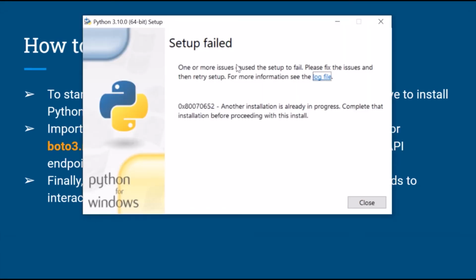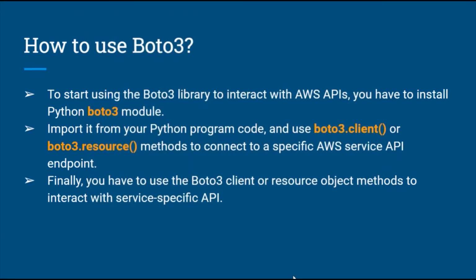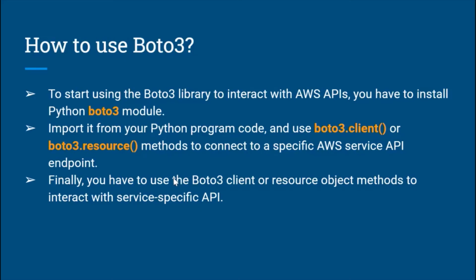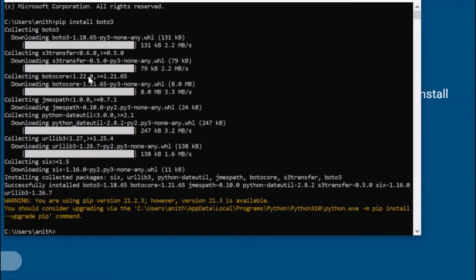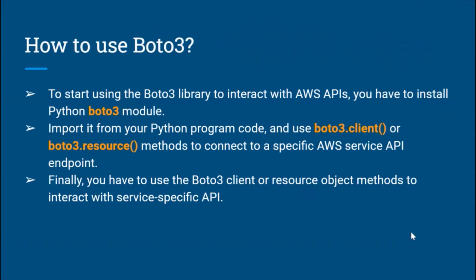Setup failed. One or more issues caused this. Okay, close. I have already installed the AWS CLI and again installed Python, and now I just executed pip install boto3. That's how we install Boto3 on our servers.